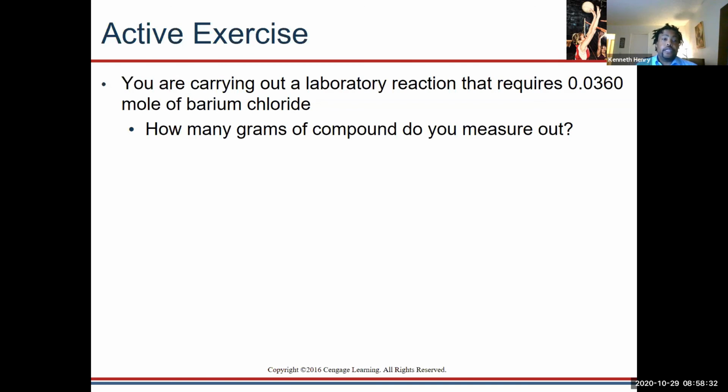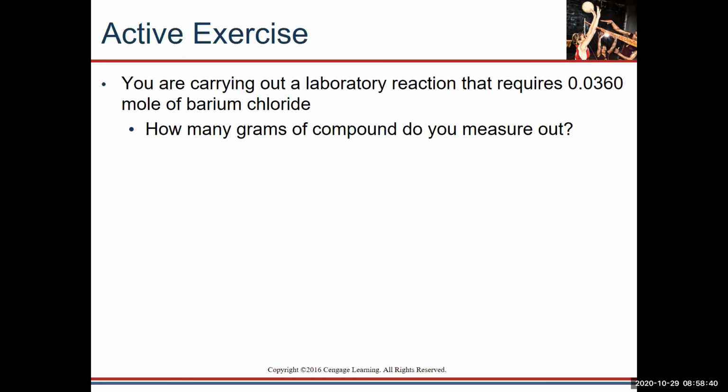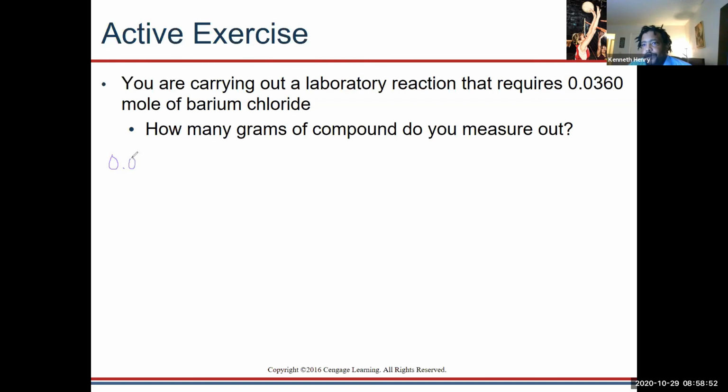We're going to start with 0.0360 moles of barium chloride. What is the chemical formula for barium chloride?